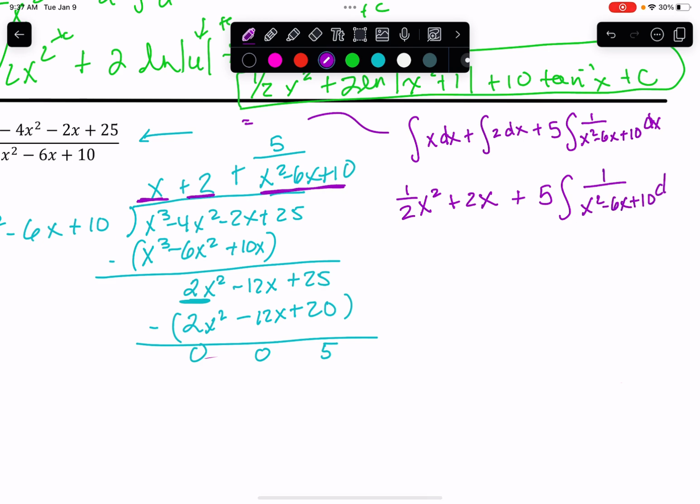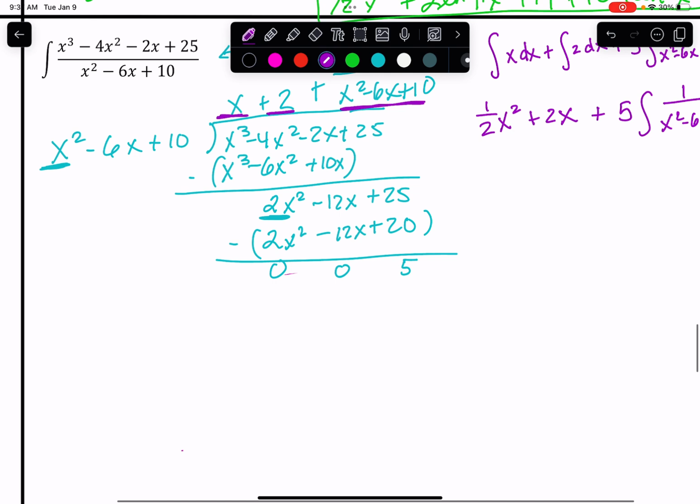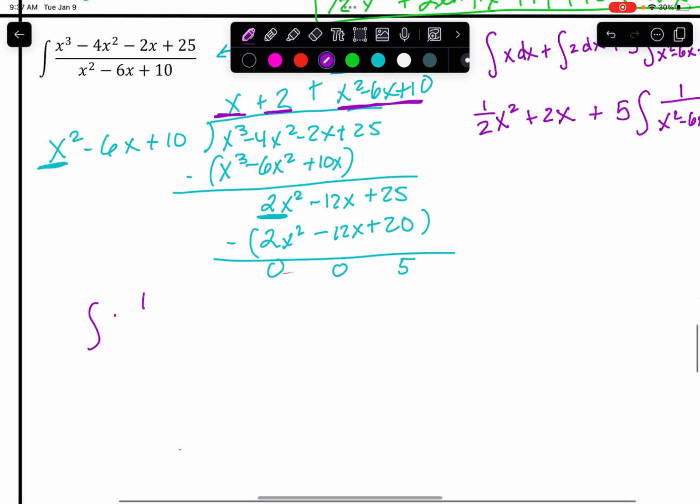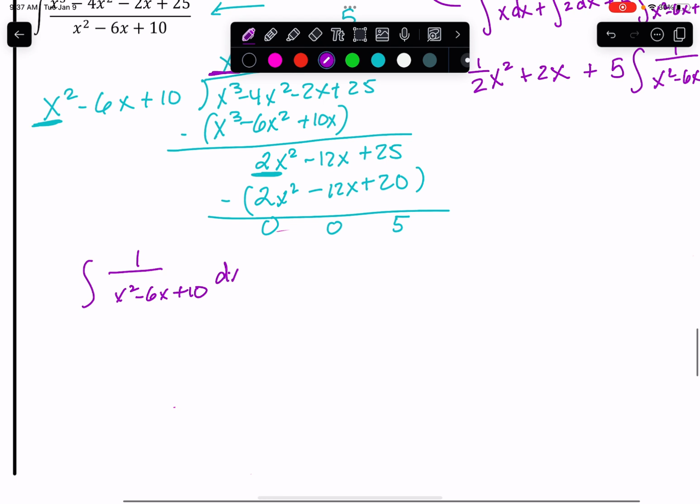Okay, so now I'm going to go down here, and I'm going to take the integral of 1 over x squared minus 6x plus 10 dx. And this is going to be one where I'm going to complete the square, and I think we've actually even done this one, but it won't hurt to do it again.